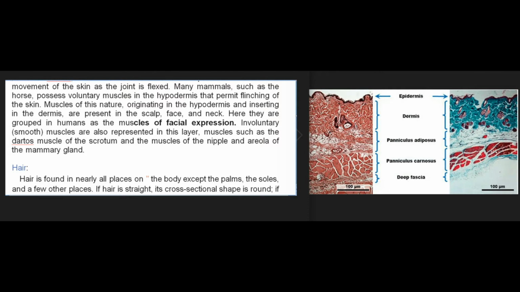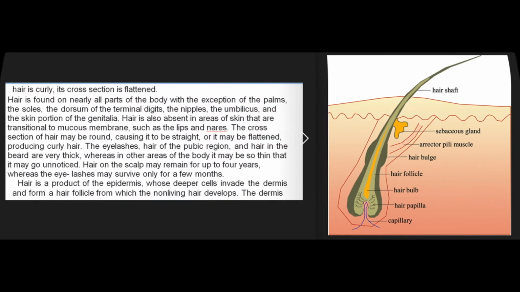Hair is found in nearly all places on the body except the palms, the soles, and a few other places. If hair is straight, its cross-sectional shape is round; if hair is curly, its cross-section is flattened. Hair is absent on the palms, the soles, the dorsum of the terminal digits, the nipples, the umbilicus, and the skin portion of the genitalia.